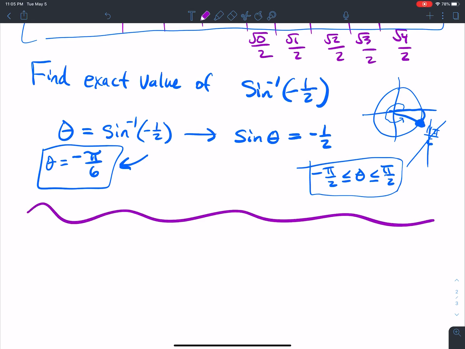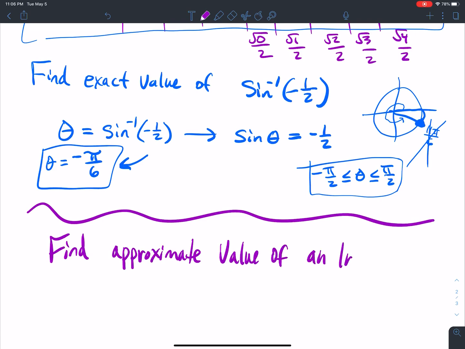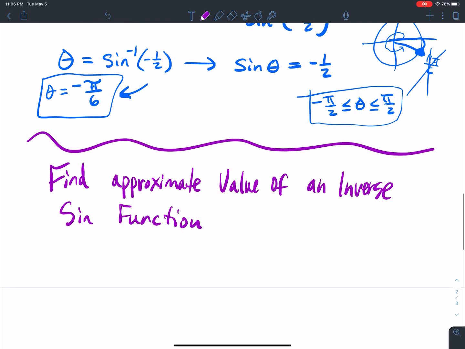So find an approximate value of an inverse sine function, like the sine inverse of 1/3.